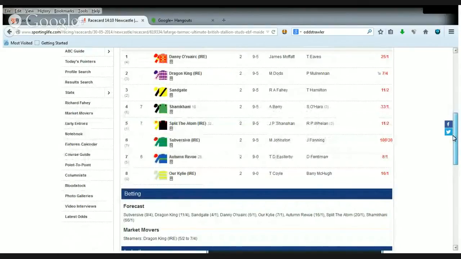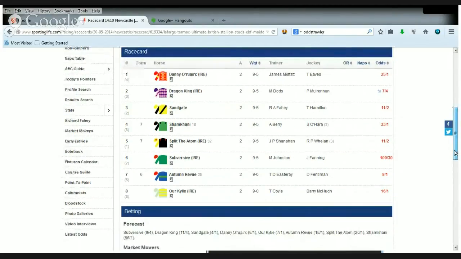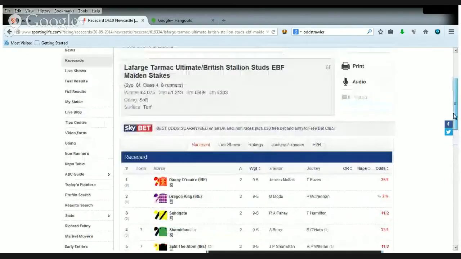And yes, I'm going for a top and bottom weight. There's no form, great form. Fanning is a good jockey. I would go for 1 and 8, and then put £2 on each. If it doesn't win, well, there's plenty more racing. If any of those come in, we laugh and we could stop betting, and we've won our money, what we wanted to win today.